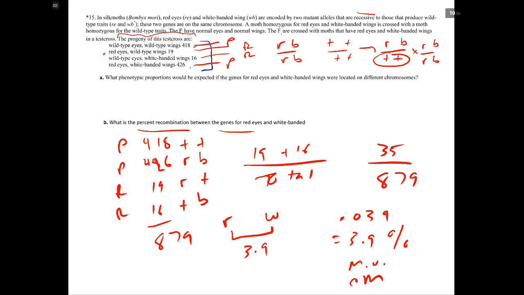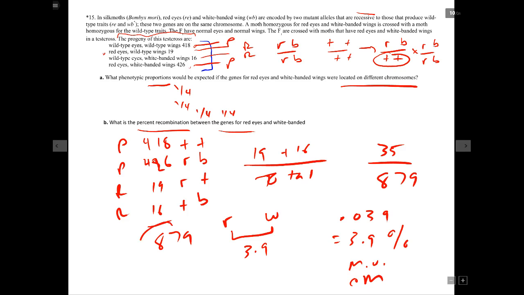Then it asks what phenotypic proportions would be expected if the genes are on different chromosomes. That means they're unlinked. If they say proportions, then you just have to worry about the fractions or the decimals. So it'll be 1 to 1 to 1 to 1.